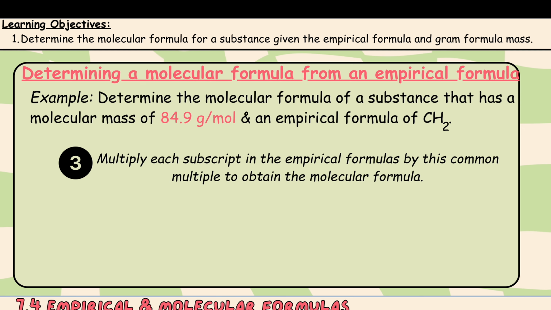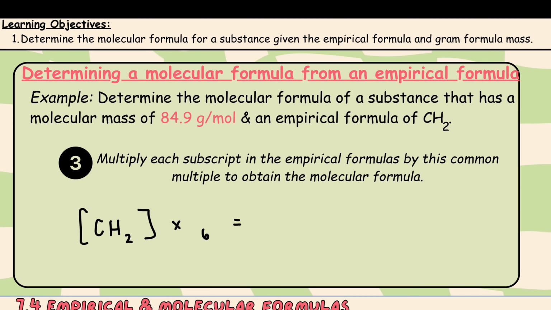So then the last step is to multiply each of the subscripts in the empirical formula by that common multiple. So if we have CH2, we want to multiply those subscripts by 6. We're not multiplying any coefficients, we're just focusing on multiplying the subscripts, the little numbers.